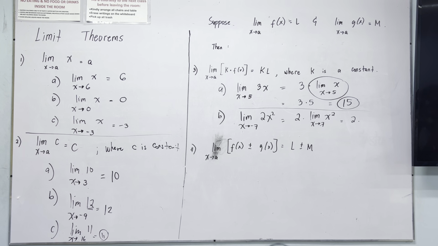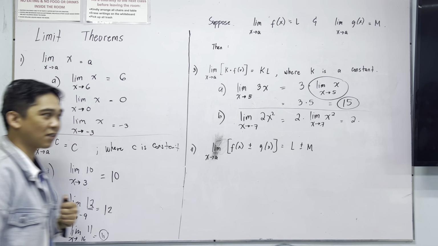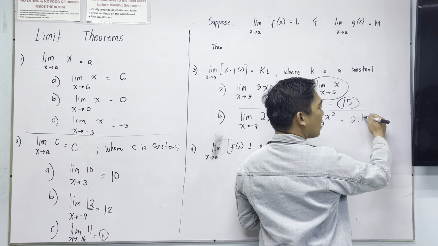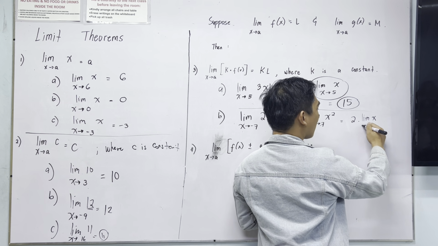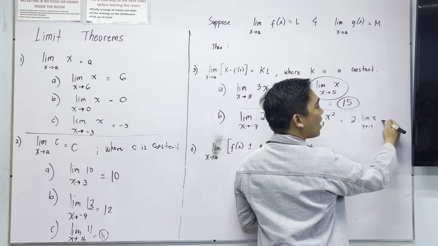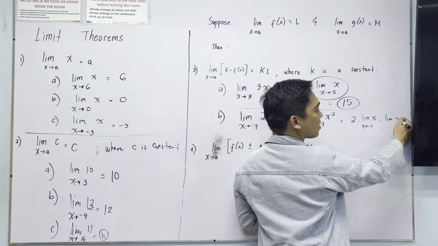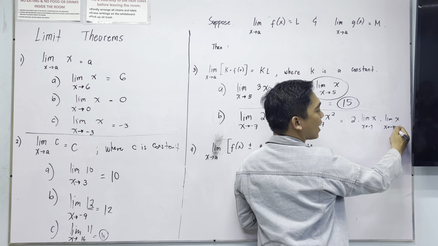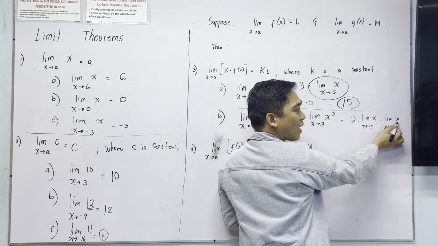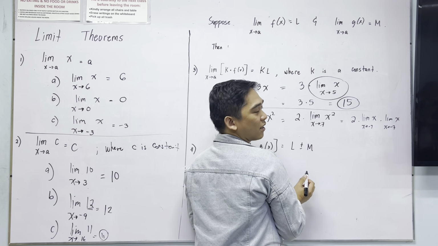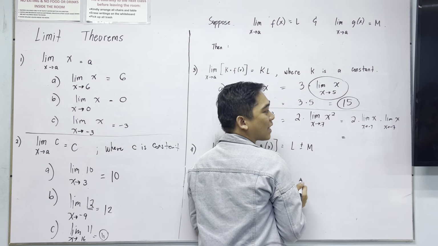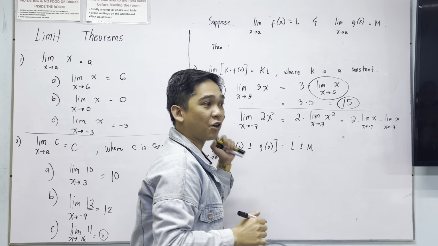Paano natin gawin x si x squared? Factoring. What is the factor of x squared? X times x. Eh di paghiwalayin nyo. So magiging limit of x as x approaches negative 7 times limit of x as x approaches negative 7. Kasi x times x is x squared. Oh, in that case, pwede na natin gamitin yung theorem number 1.